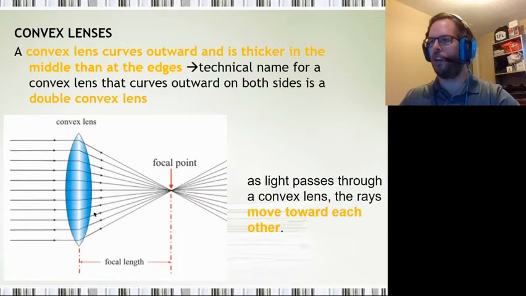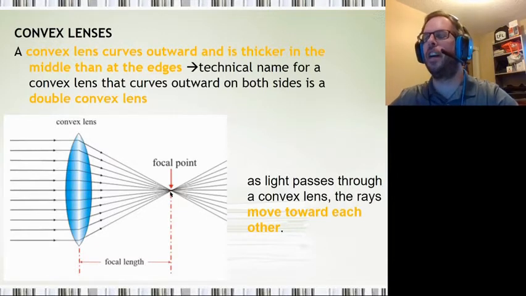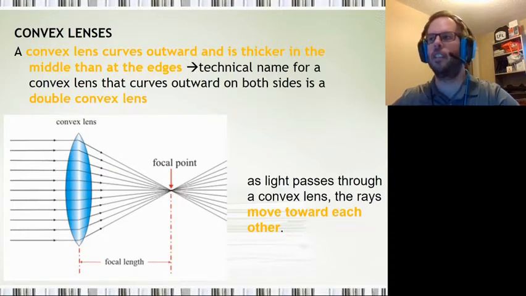And of course, you can see all the other variations as we go through, but no matter what, they will all converge at this focal point as long as we have a very accurately, precisely made lens, so that all those rays will converge to a focal point.